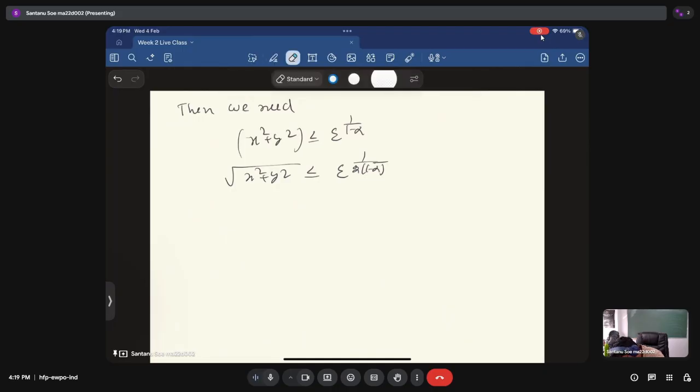So now we need delta to be epsilon^(1/(2(1 - alpha))), and we need 2(1 - alpha) to be greater than 0, or alpha to be less than 1, correct?